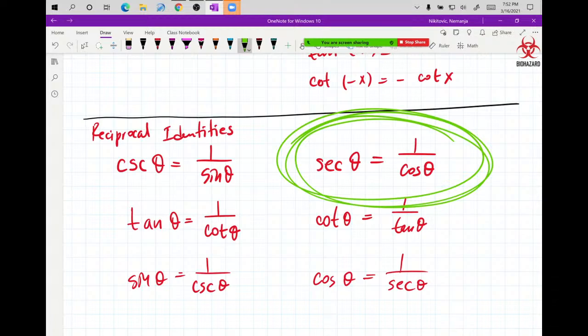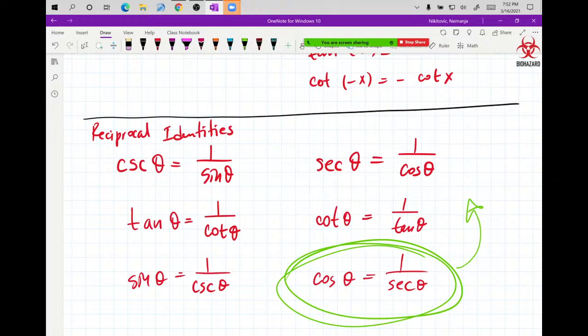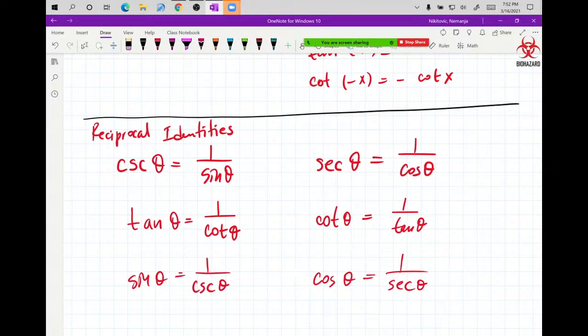So if you want to put equal in between them, you have to put 1 over. And this is the same formula. It's just you look at it the other way. You can swap cosine and secant, right? And you get the top formula. They show the same calculation from a different perspective.